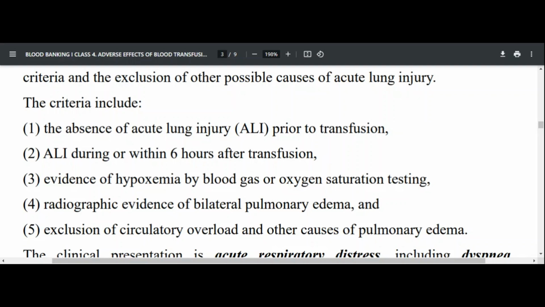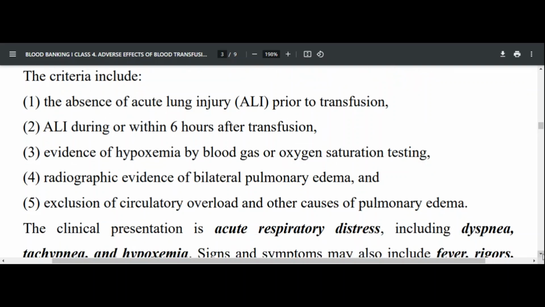That should actually be an inclusion criterion, right? Then evidence of hypoxemia by blood gas or oxygen saturation testing, and also radiographic evidence of bilateral pulmonary edema. So what is bilateral? It means both lungs are experiencing edema.